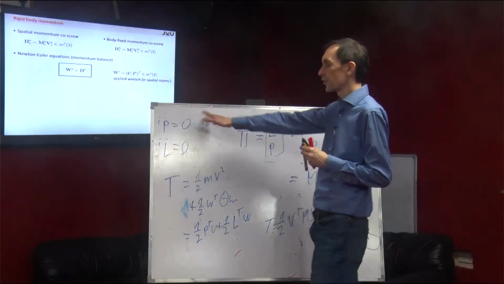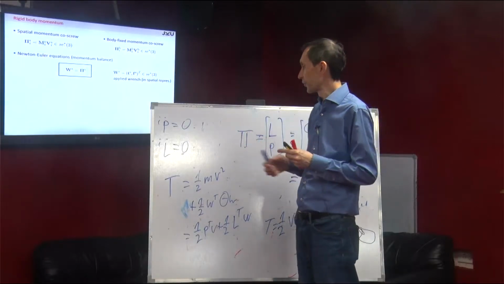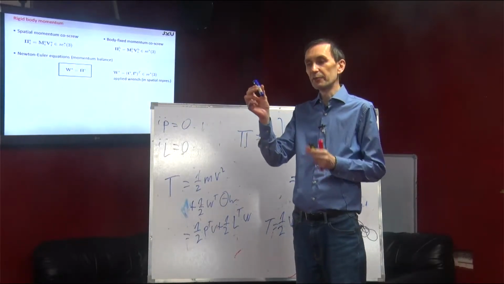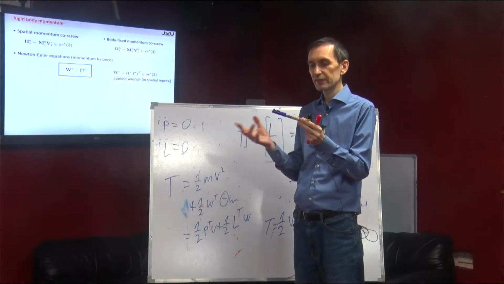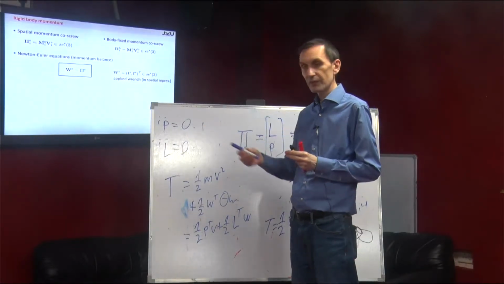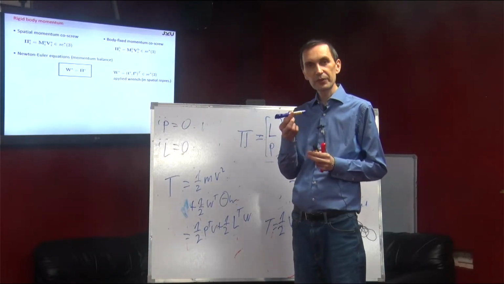We still have one single body, it's all one body. You said that if you have a single rigid body and there's no force acting on it, no gravity, then p is constant. That's what you said, and I guess this is also what Euler said.